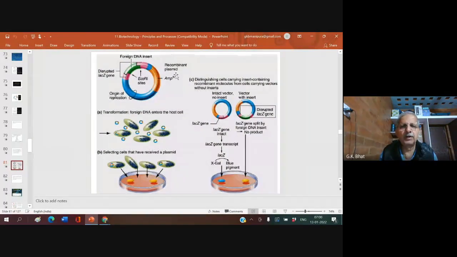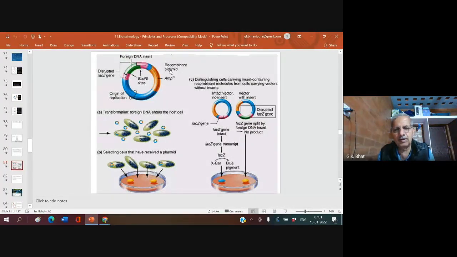Now we wanted to find out how to distinguish a recombinant from a non-recombinant. What do you mean by non-recombinant? A non-recombinant plasmid is one where the gene of interest is not added.